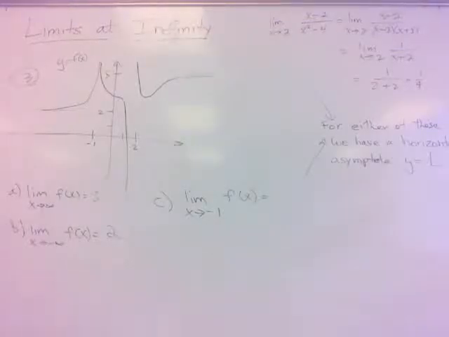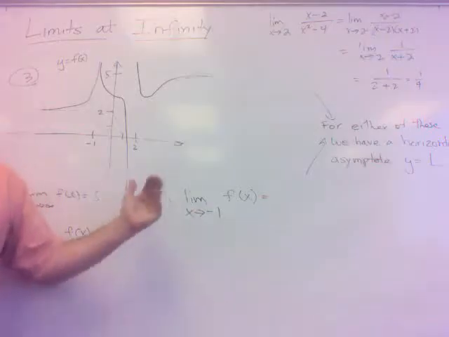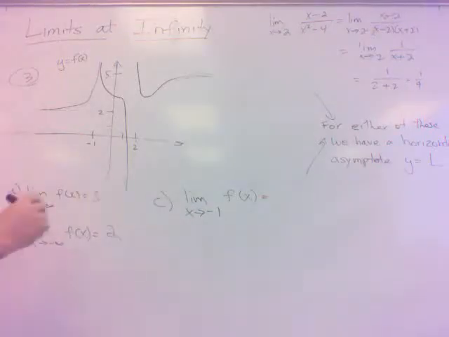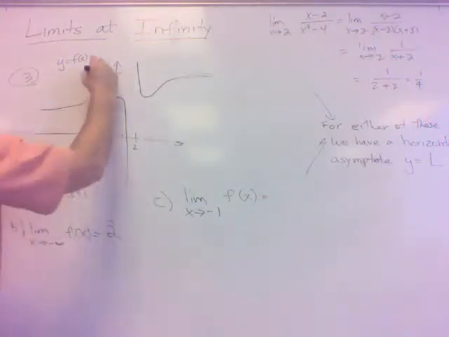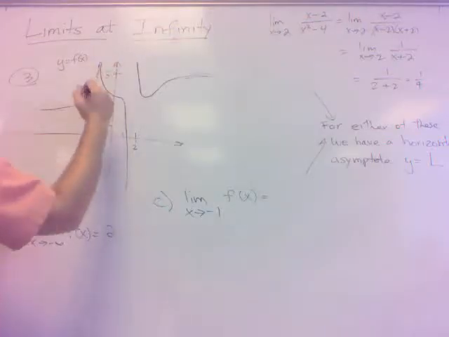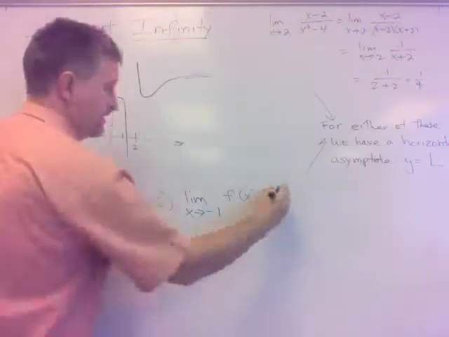There is a limit as x approaches -1, but we call it something. It's actually not a value, but what would the limit as x approaches -1 be? Infinity, yeah. Now, as you approach a number, remember, you got to look at both sides. So as x approaches -1, we got to look at the left and the right. That's a little bit of a difference, but both of them go to infinity, yeah.